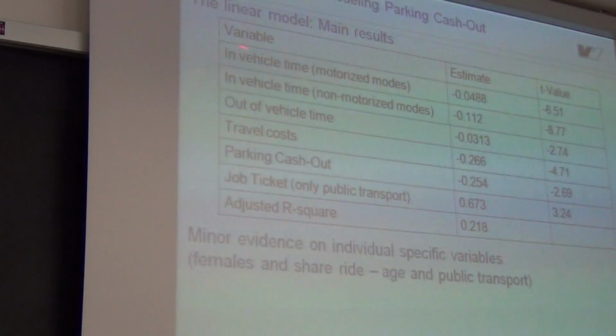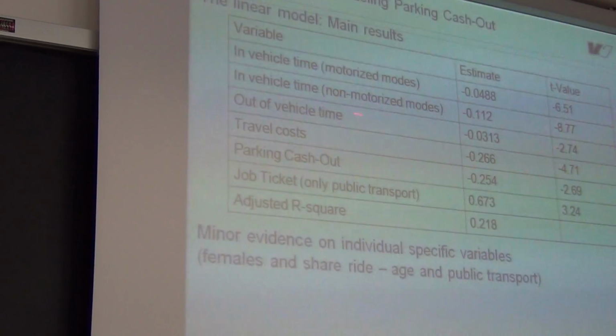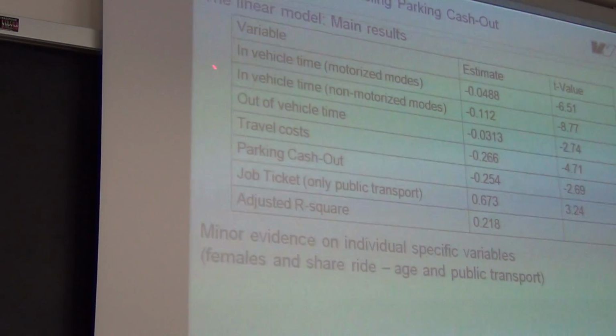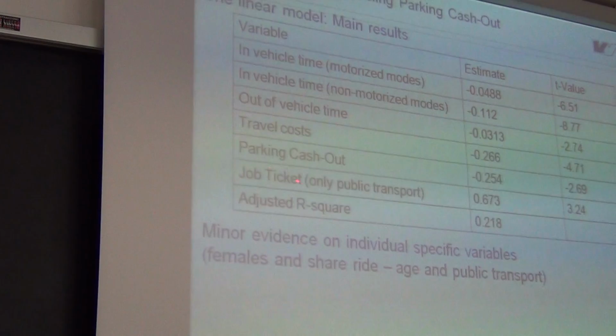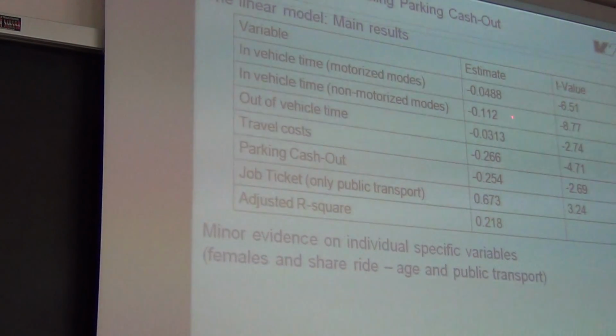So we divided time in vehicle time for motorized and non-motorized roads, and out of vehicle time, travel cost and parking cash out. This is just for car use, and the job ticket only for public transport. These are results of a multinomial logit that has been estimated for the whole sample. For the whole sample, exactly.